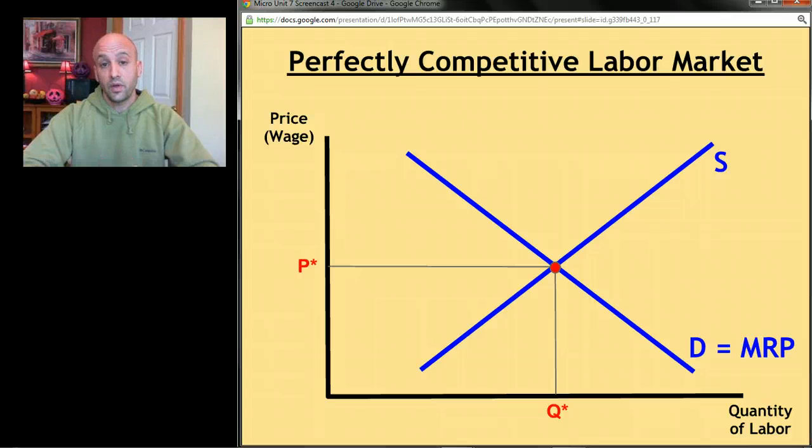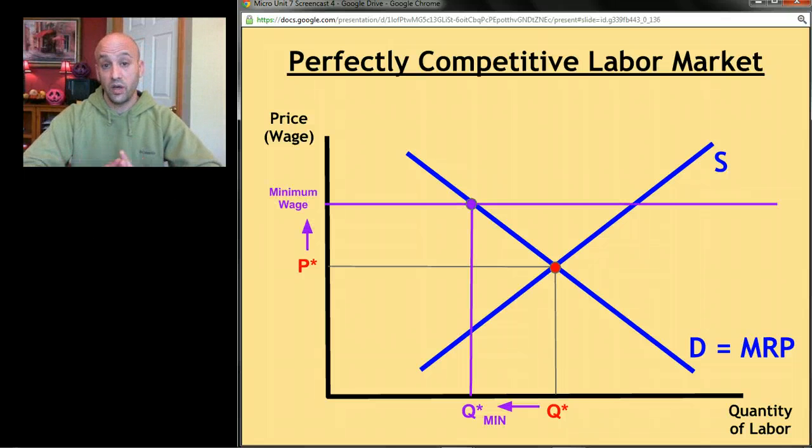So let's take a look at a perfectly competitive labor market. This is that left-hand graph in the perfectly competitive labor market graphs. If we let the market work, we'll get a certain equilibrium price and a certain equilibrium quantity of workers. Now the government might decide that that wage is too low. People can't live on that wage. So they pass a minimum wage, something that might look like this.